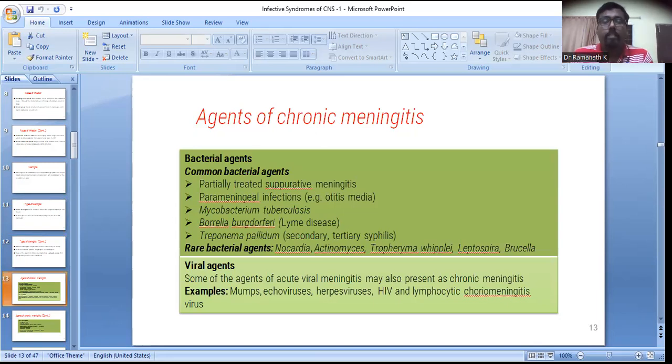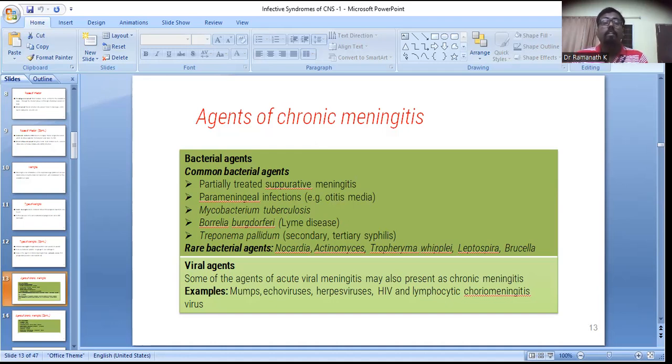We should know about the different agents of these particular infections. First one is bacterial agents. Common bacterial agents include partially treated suppurative meningitis, parameningeal infections such as otitis media, infection with Mycobacterium tuberculosis, infection with Borrelia burgdorferi in case of Lyme disease, and Treponema pallidum which causes syphilis, either in secondary syphilis or tertiary syphilis.